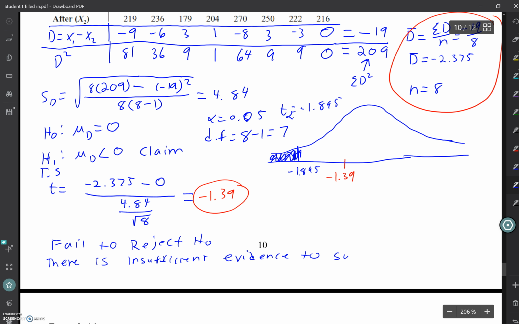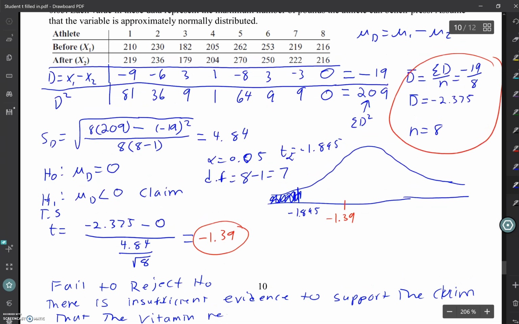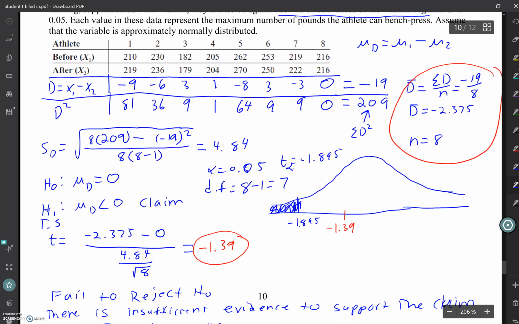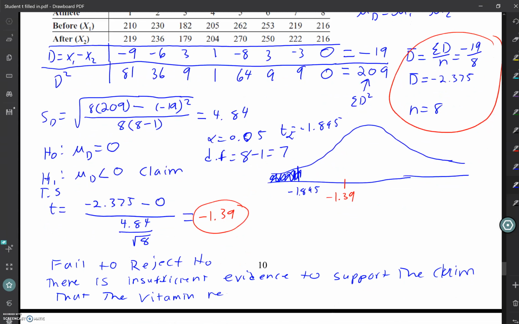to support the claim that the vitamin regimen or vitamin supplement is effective.